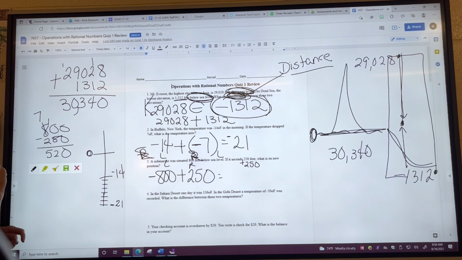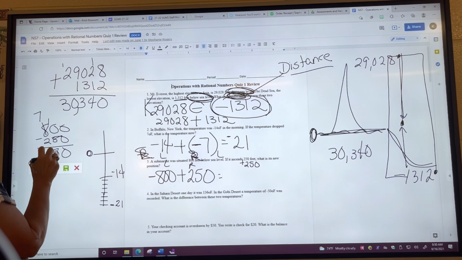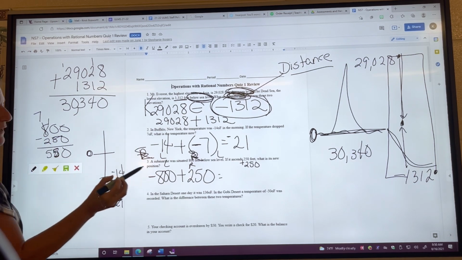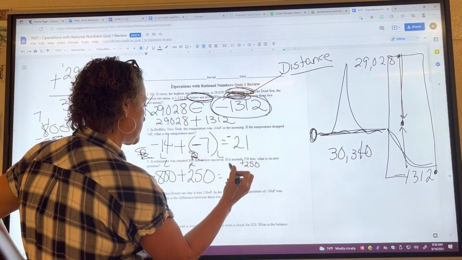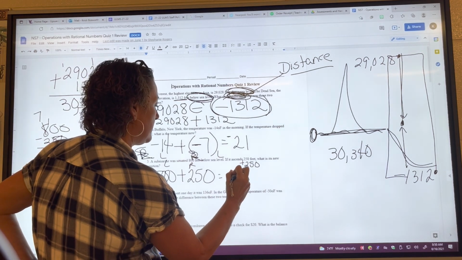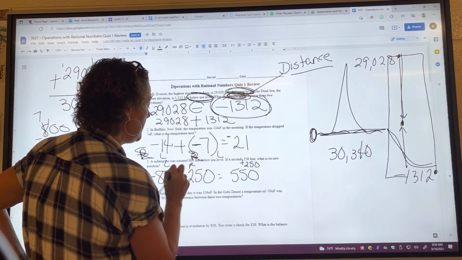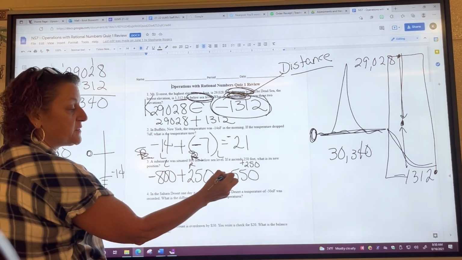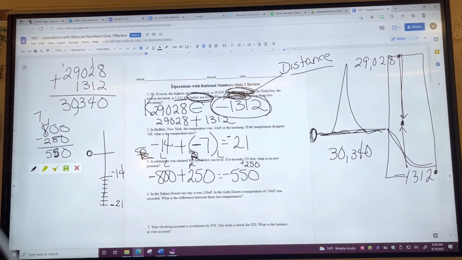It's 520. Wait, no. 550. I knew that, didn't I? 550, because I can't read my own handwriting. 800 is the farthest from 0, so it's a negative 550.